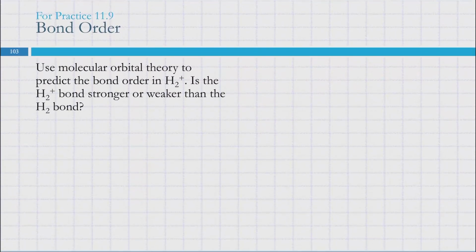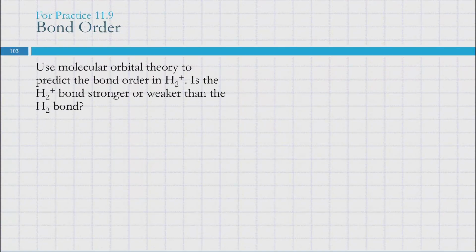All right, use molecular orbital theory, draw out a diagram if you'd like, to predict the bond order in a diatomic hydrogen ion. Is the H2 plus bond stronger or weaker than the H2 bond?